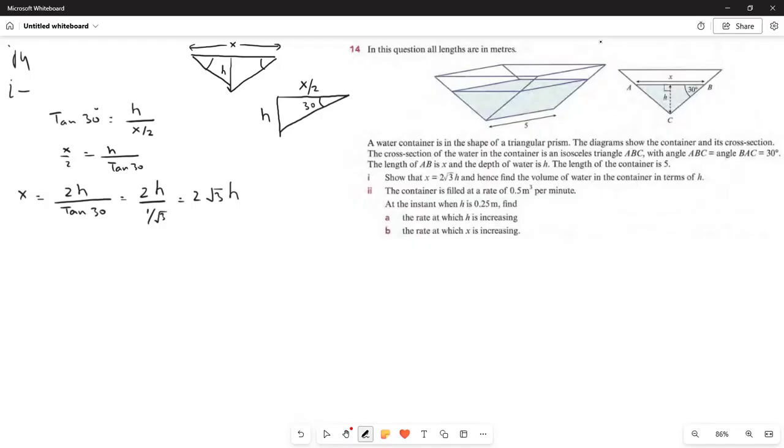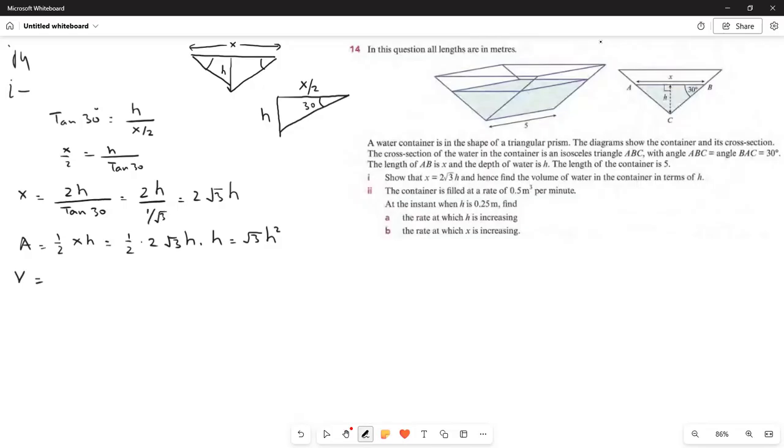Now the area of this cross section would be half x into h. So half, and x is basically 2 root 3 into h, times h again. So it will become root 3 h squared, right? And the volume is this thing times the length of this prism, which is 5.